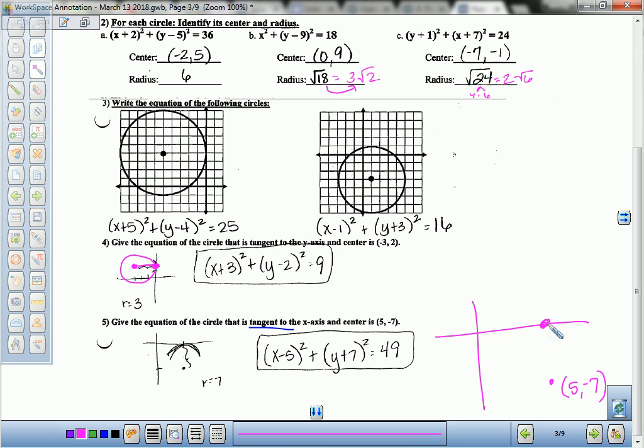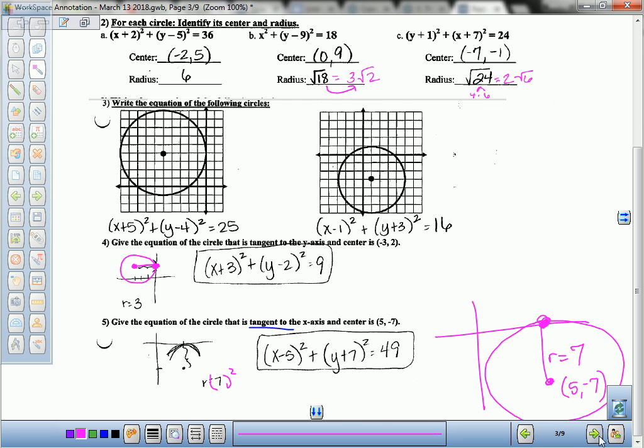So if I went directly up to where I hit the x-axis, that's where it's tangent, one little point right there. So what is the length of the radius? If this is down 7, the radius would be 7. So that's where the 49 comes from, the radius squared.